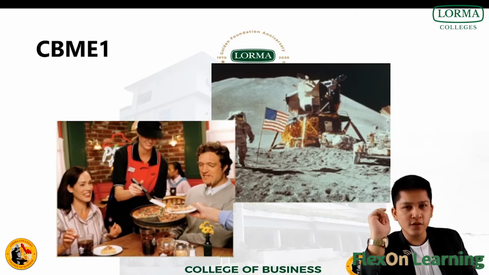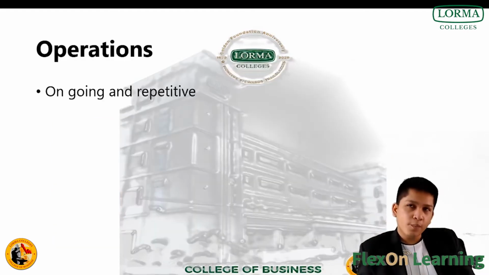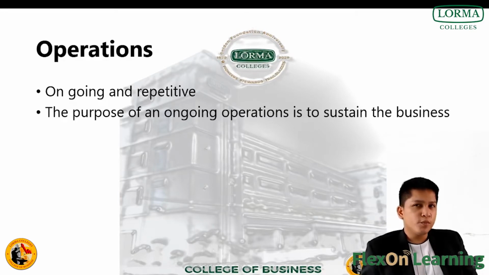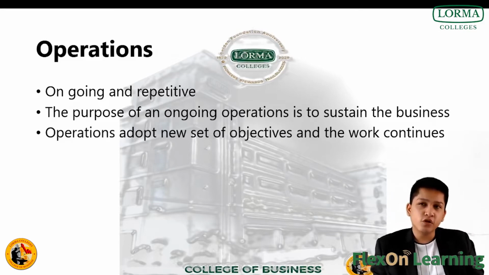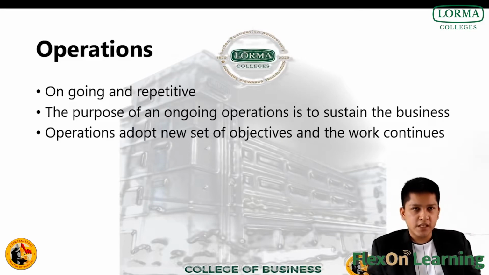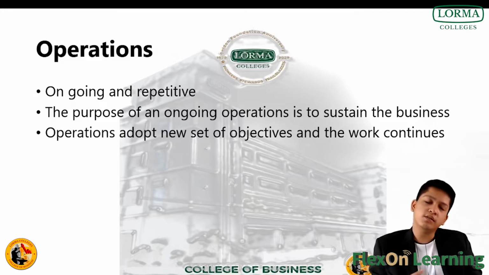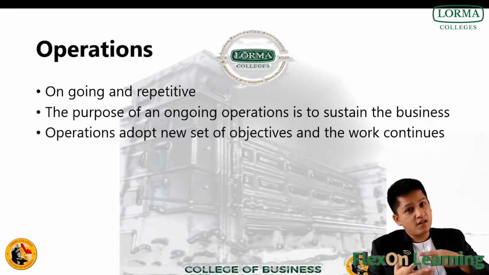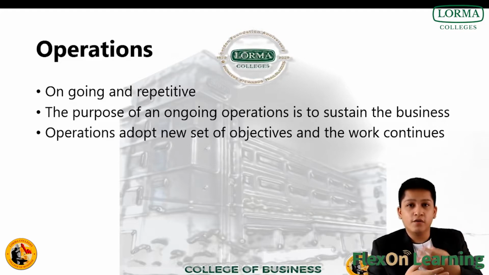So question, why? When we say operation, it is ongoing and repeated. The purpose of ongoing operations is to sustain the business. Operations adopt new sets of objectives and the work continues. In the first image, the front office, the process there is repetitive, it is always done in a hotel.